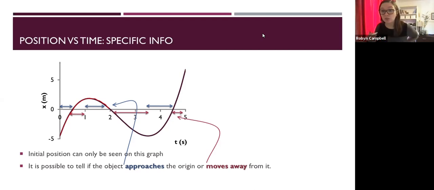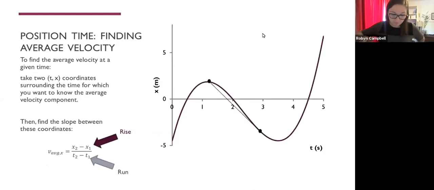But it's a good way to talk yourself through the graph. So after we hit the origin again, we keep going past the origin in the negative x direction, right? Up until here, change our mind, turn around, go back towards the origin, and then past the origin. Okay, so talk yourself through your position time graph. Make sure you know what's going on in it, okay?